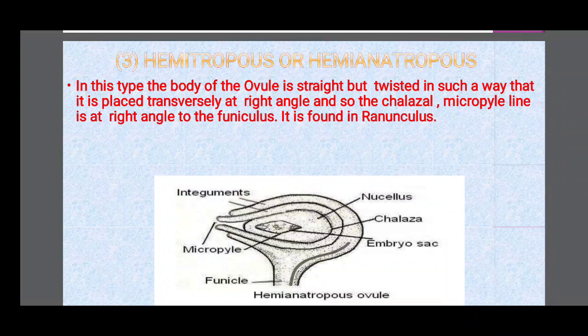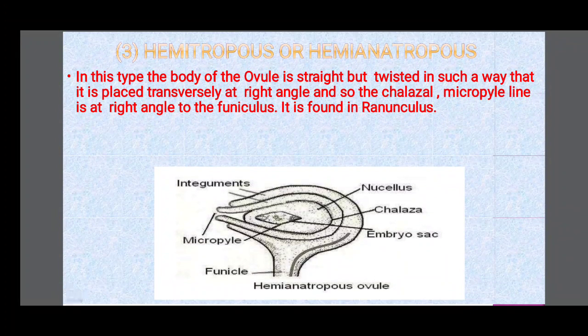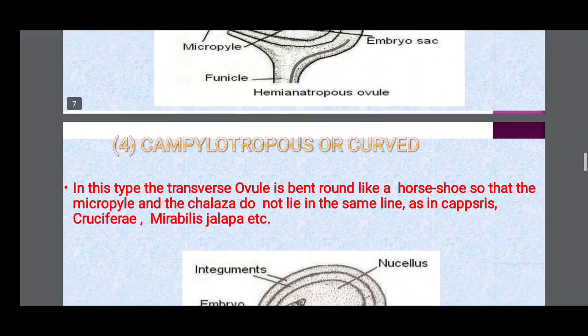So chalaza and micropyle are in a straight line, but the funicle is at 90 degrees to the ovule body. This is the hemianatropous, commonly seen in Ranunculaceae members.